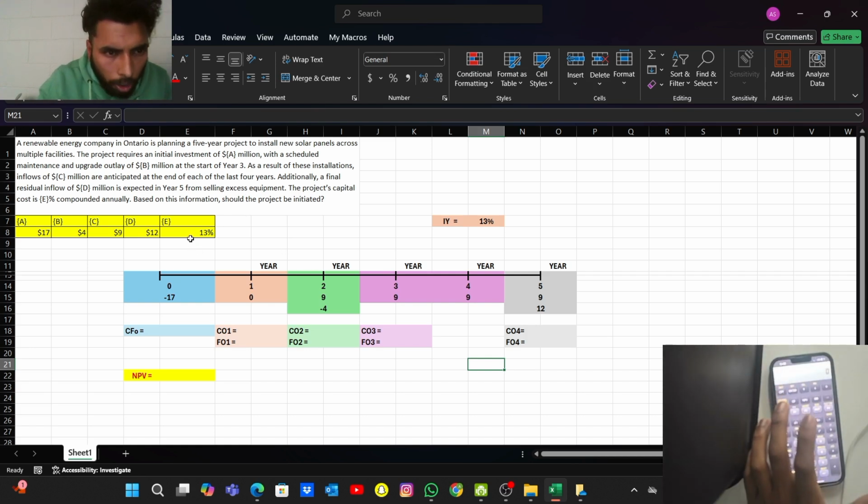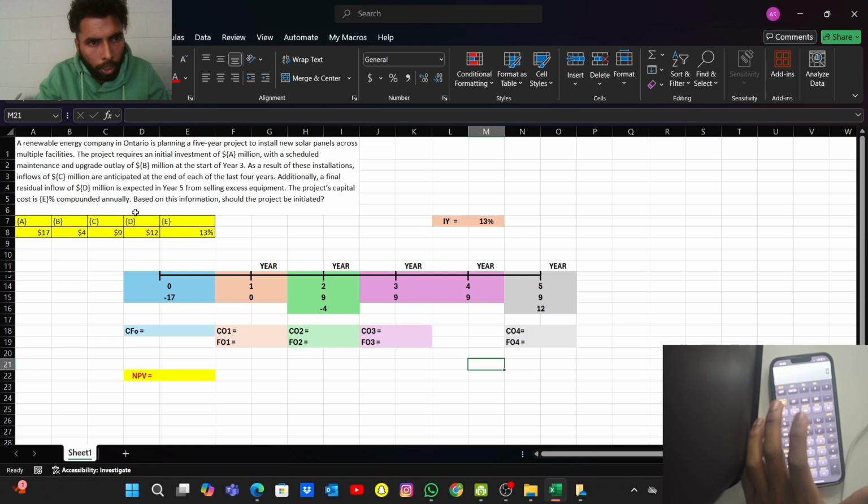In the D column it is 12. The project capital cost is dash percent, which is 13% compounding annually. Based on the information, should the project be initiated? So we need to find the NPV.